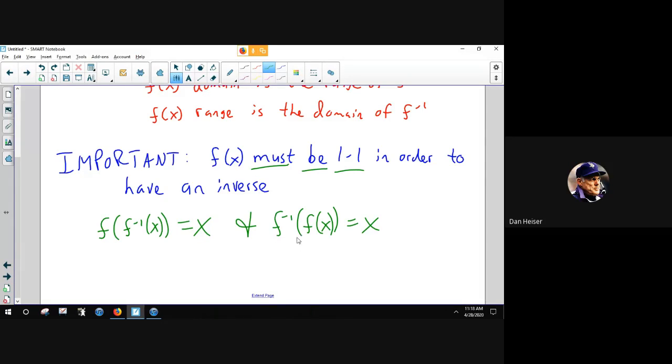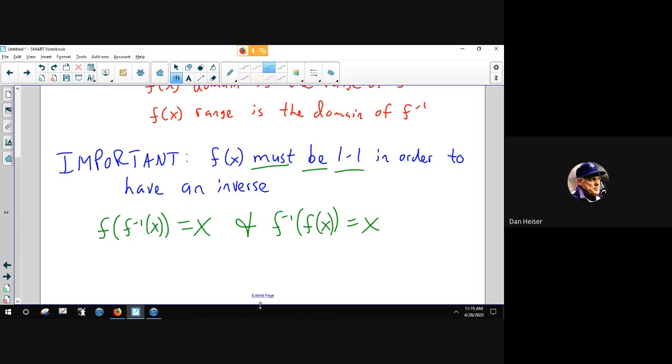It does not matter which order you compose them. Adding 6, subtracting 6 cancels out the same way that subtract 6, add 6 does. Multiply by 18, divide by 18. Divide by 18, multiply by 18. It doesn't matter. Squaring and square roots are inverses.